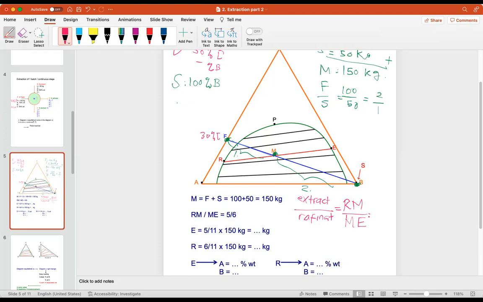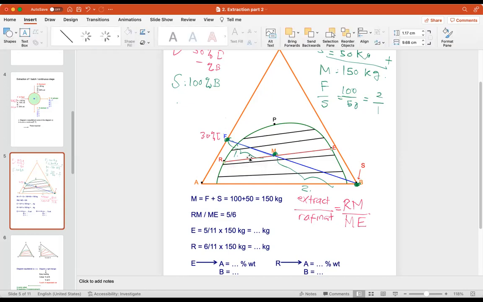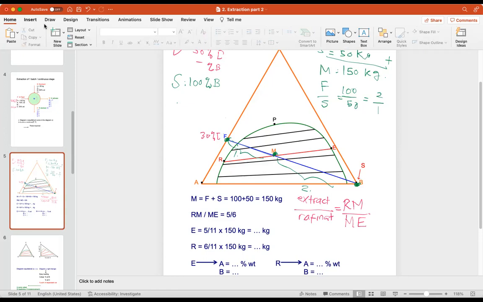Using your ruler, you divide them. For example, ME is 5.16, and this one is 9 something.